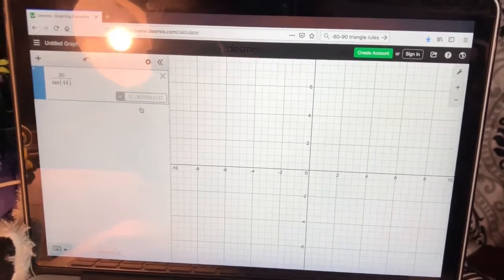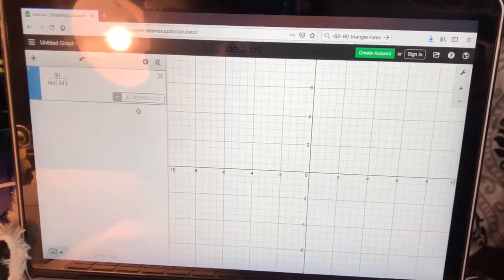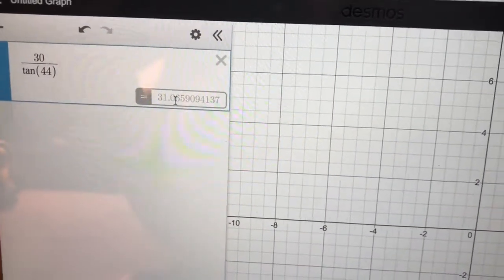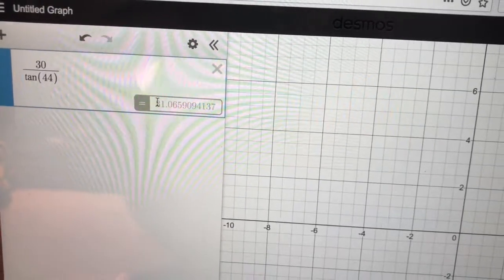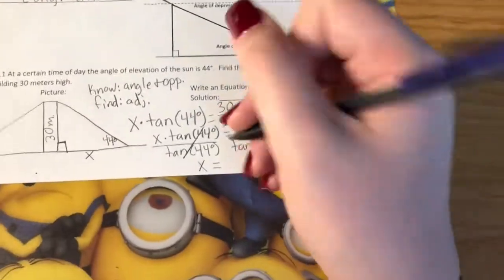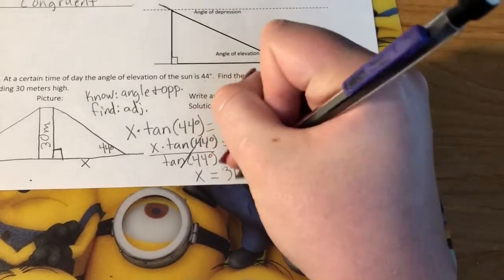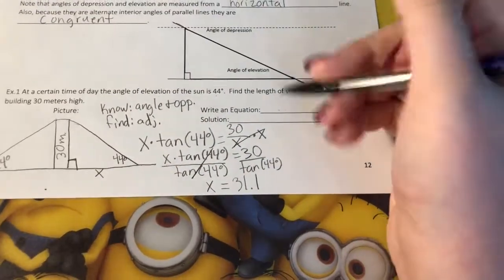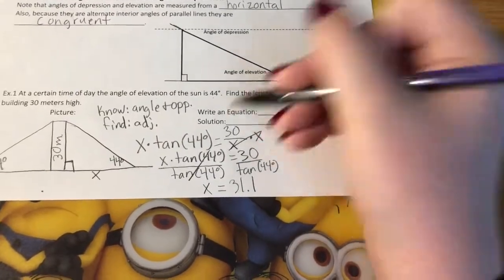Well, I'm going to continue. The problem does not say how to round, but I'm going to round it to the first decimal place, or the tenths place. So I have 31.1. So my solution is going to be 31.1. Now the problem asks, write an equation, then the solution.